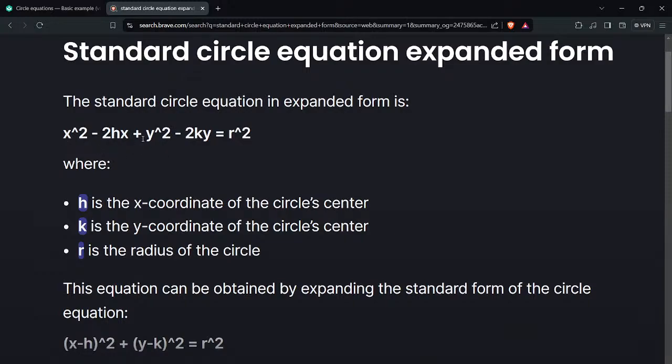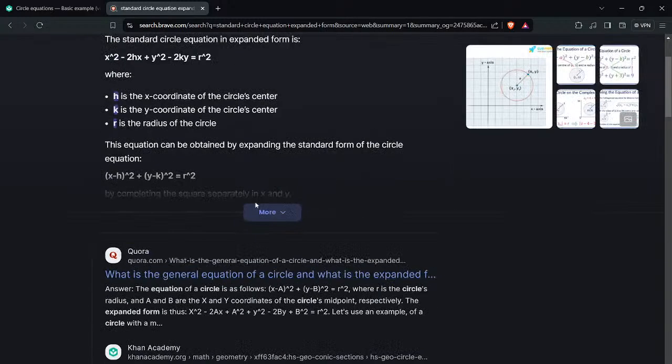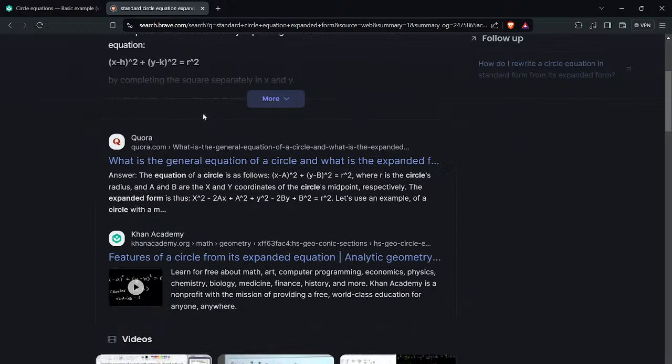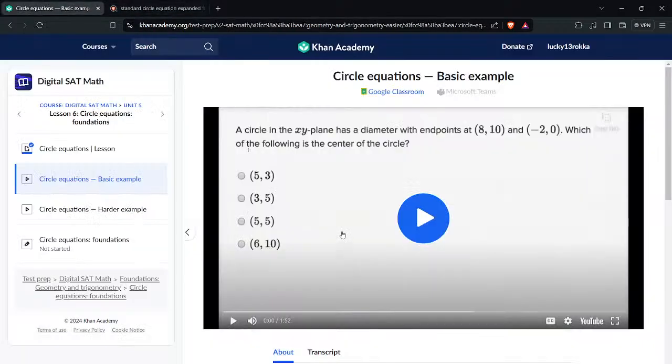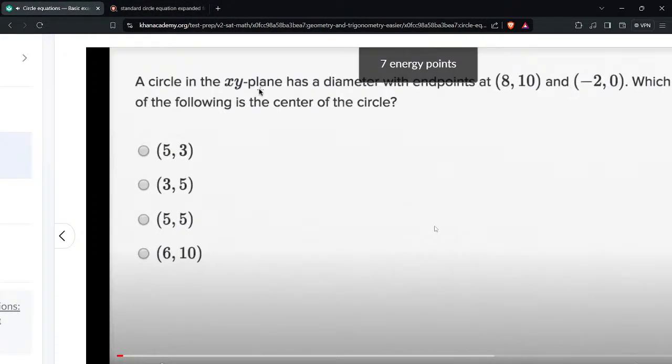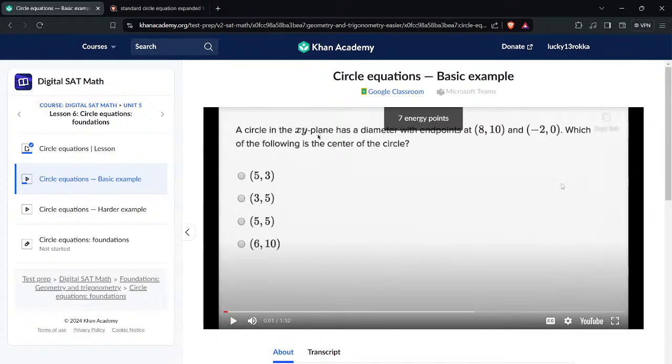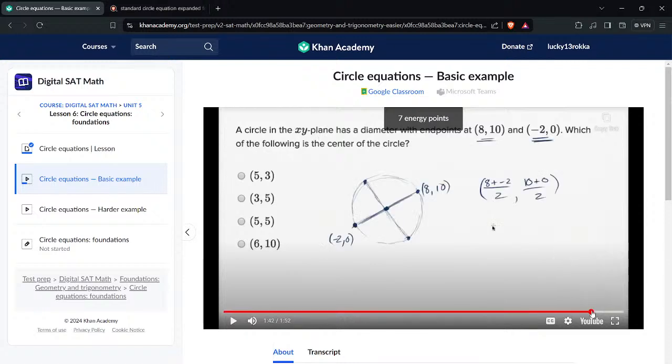I'll just find the midpoints. So it's 8 by 2 is 3 comma 5.